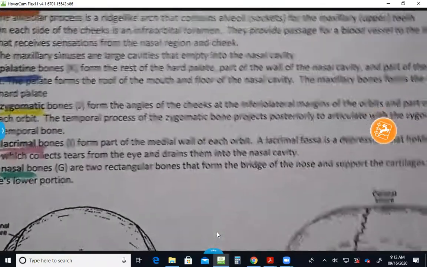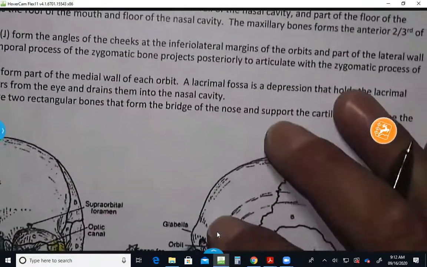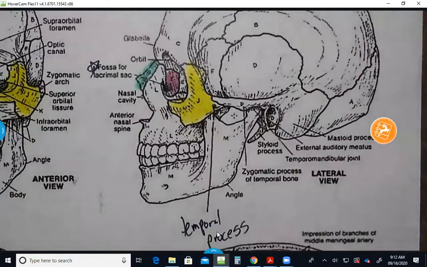Temporal process, you can't read my handwriting, articulates with that zygomatic process. So this is where we form that joint between the two. They name them for who they connect to. Instead of naming it zygomatic process on the zygomatic bone, temporal process on the temporal bone, they name them flip-flop. Probably just to confuse anatomy students.